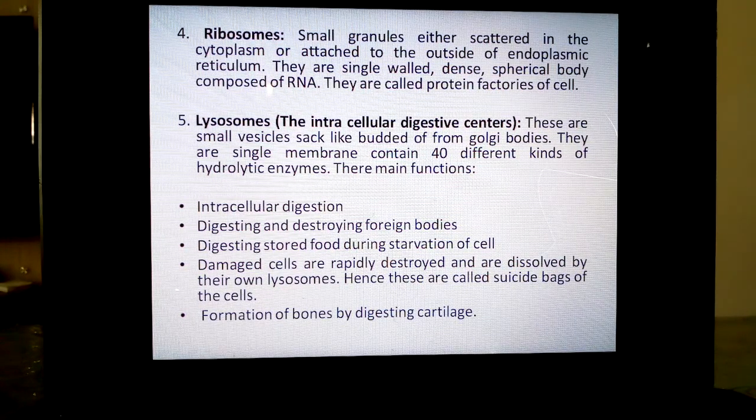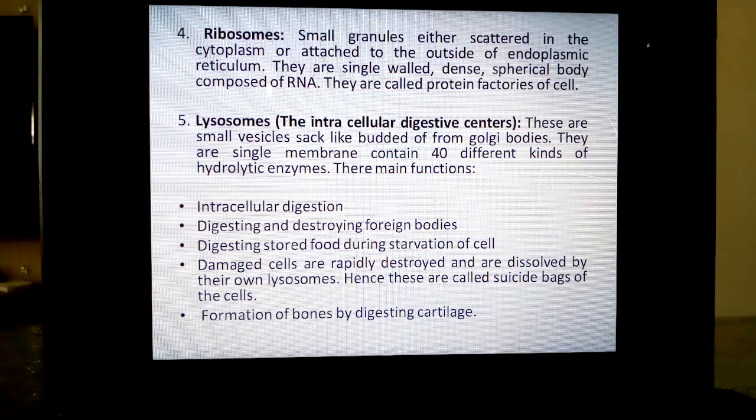Now we are moving on to lysosomes. They are called intracellular digestive centers. That means they digest certain things. These are small vesicles, sac-like, budded off from Golgi bodies. Golgi apparatus, the hollow vesicles you have just learned.